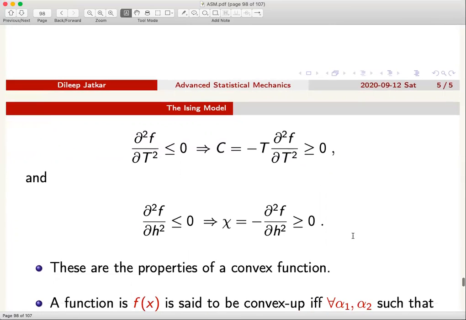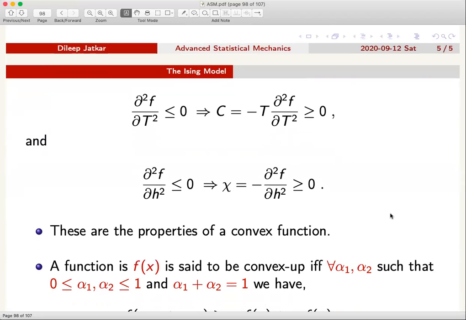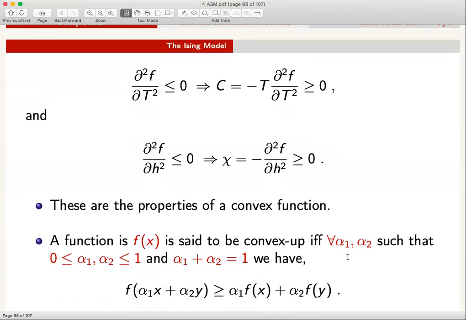Okay, so let's try to understand what a convex function is. A function f is said to be convex up if and only if for all alpha 1 and alpha 2 taking values between 0 and 1, with alpha 1 plus alpha 2 equal to 1, f of alpha 1 x plus alpha 2 y is greater than or equal to alpha 1 times f of x plus alpha 2 times f of y.